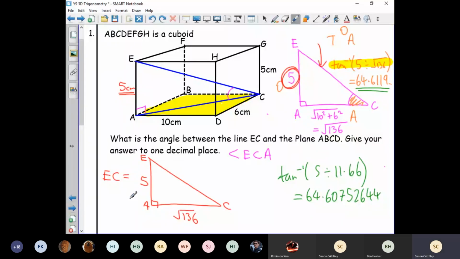Can anyone give me the exact value in the chat of what E to C would be?